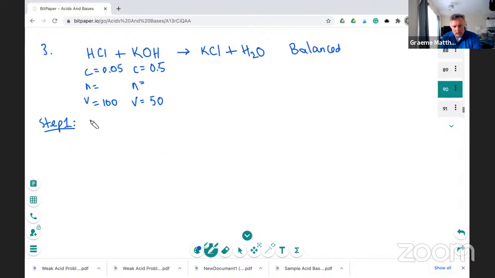So step 1 is I'm going to calculate which reagent is in excess. C equals n over V.